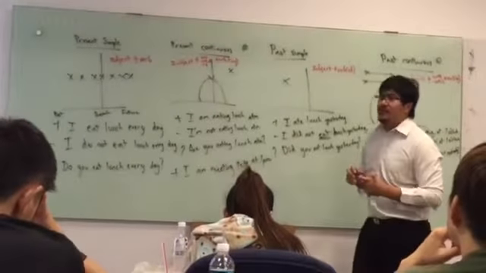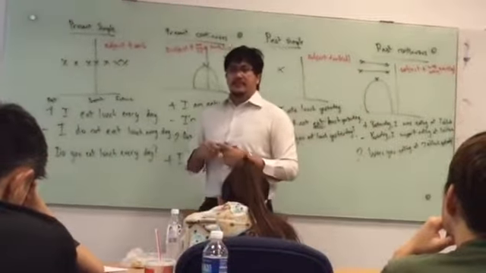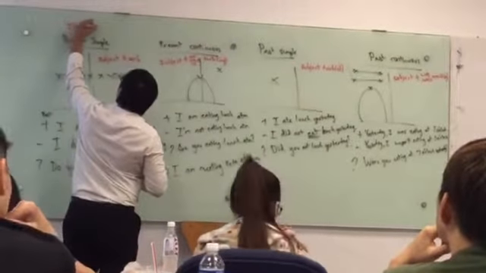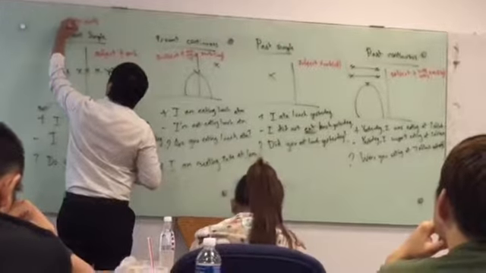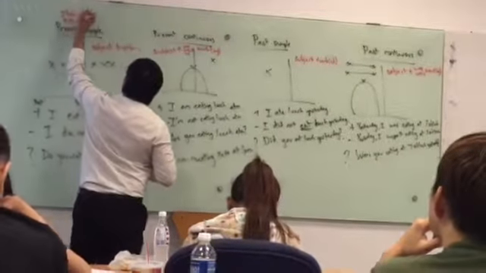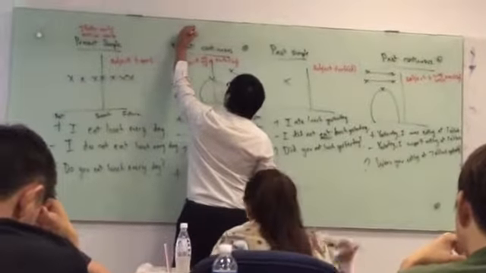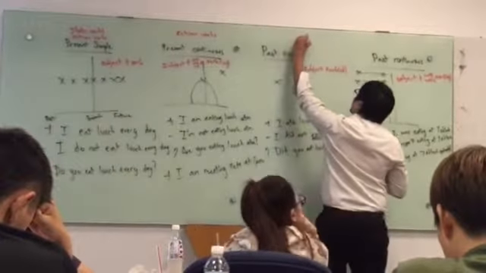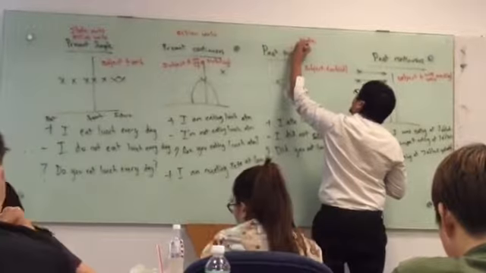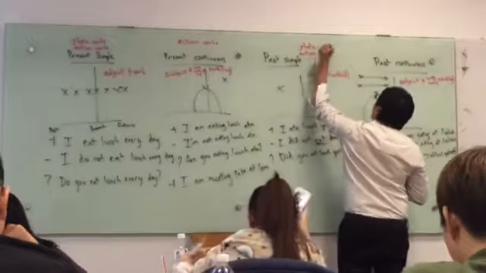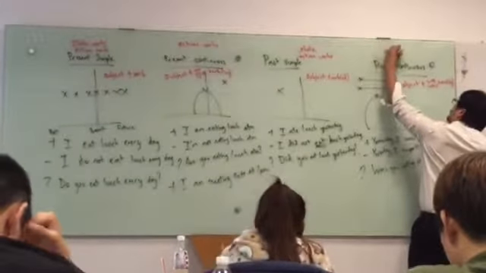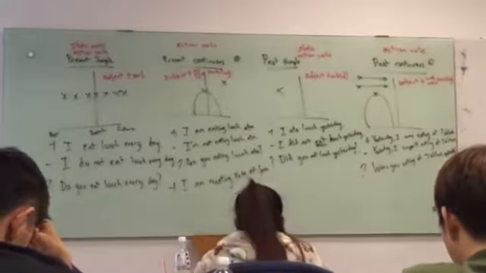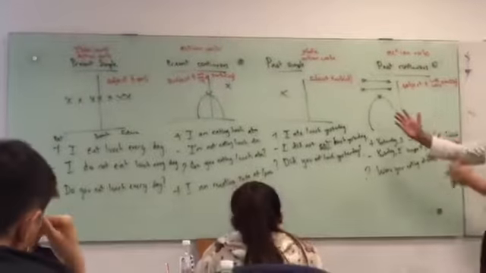Alright? And which one can we use state verbs for? Present simple and past simple. Alright, so state verbs, action verbs. Now obviously there are exceptions, however, I'd just like to check.